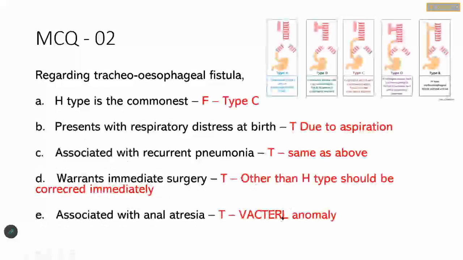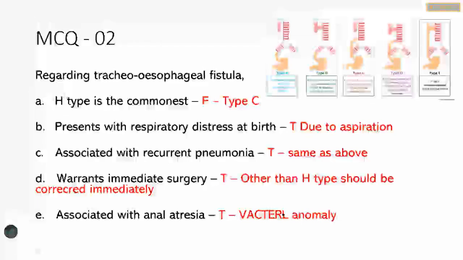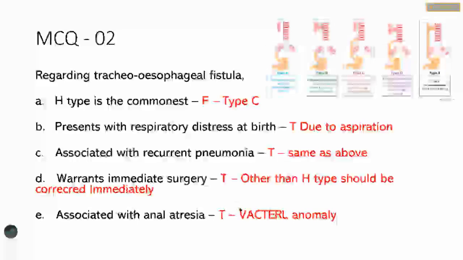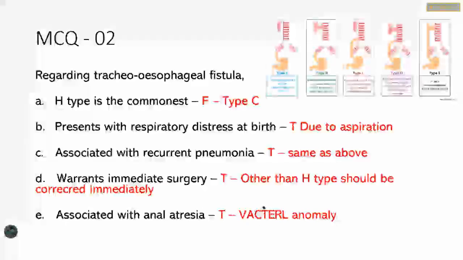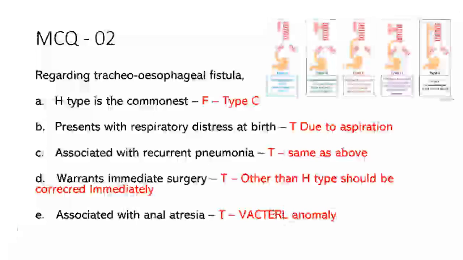We have heard about this VACTERL anomaly. That is a condition consisting of several anomalies. V for vertebral, A for anal, C for cardiac, T for tracheoesophageal, E, I can't remember, R for renal, and L for limb. So T is tracheoesophageal.